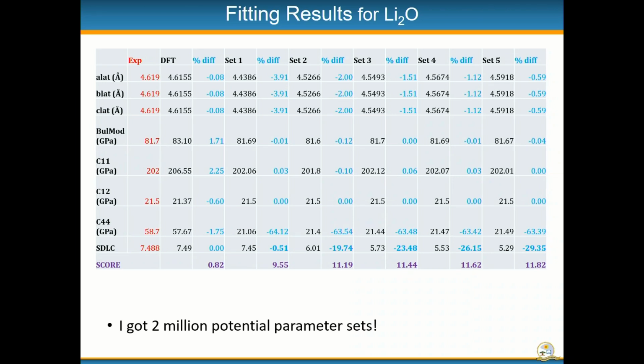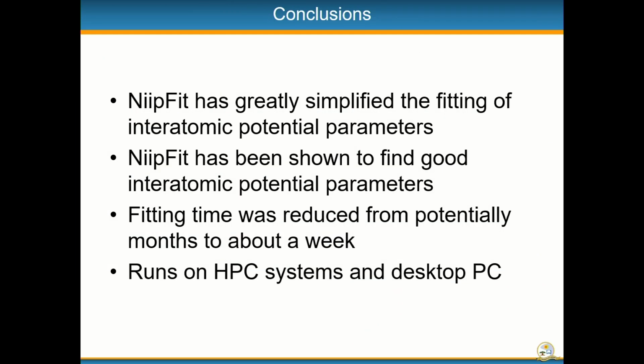Like you have percentage differences that are just less than 1. And usually it's not humanly possible to get such potentials when you fit manually. Okay, so this program is able to run on CHPC and a desktop PC, like on a Windows machine.